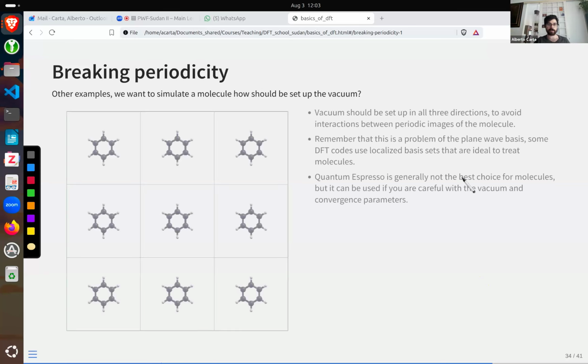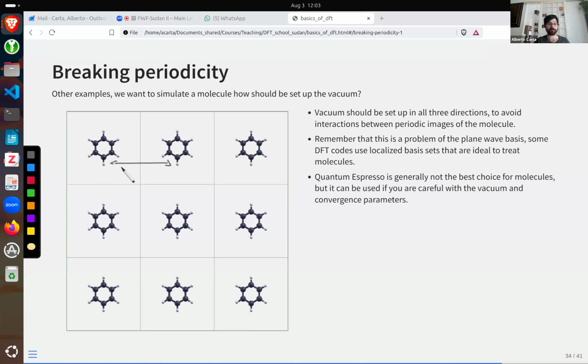In order to engineer this separation, we want a lot of vacuum between the various molecules. For example, here we have benzene. If we have codes that are limited to simulating periodic systems, the way to simulate a non-periodic system means enlarging the simulation box a lot.